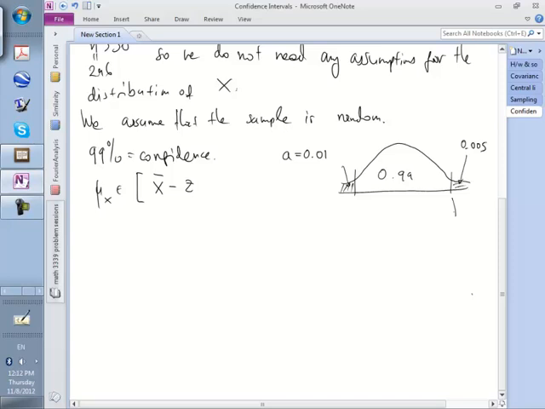So what should be this point, which is the Z of 0.005? How do I find it? I go to the tables and I look for what percentage point there. Those are points that we identify by looking at the normal distribution.